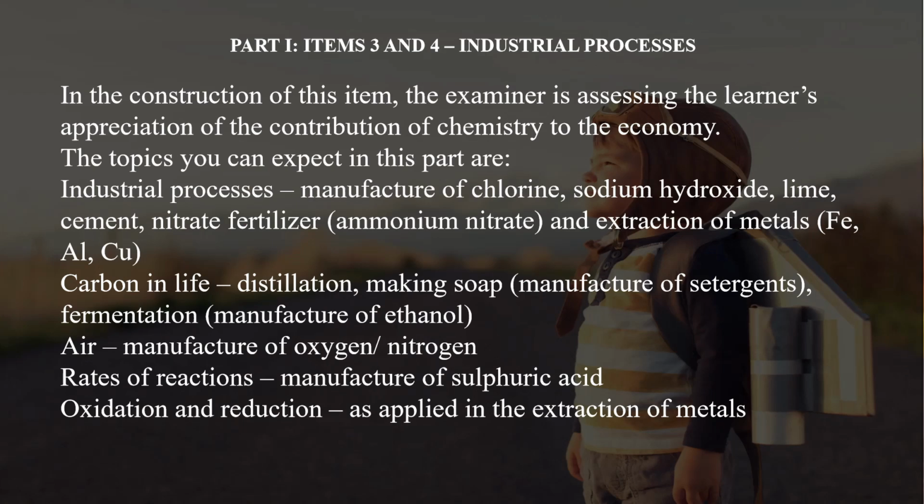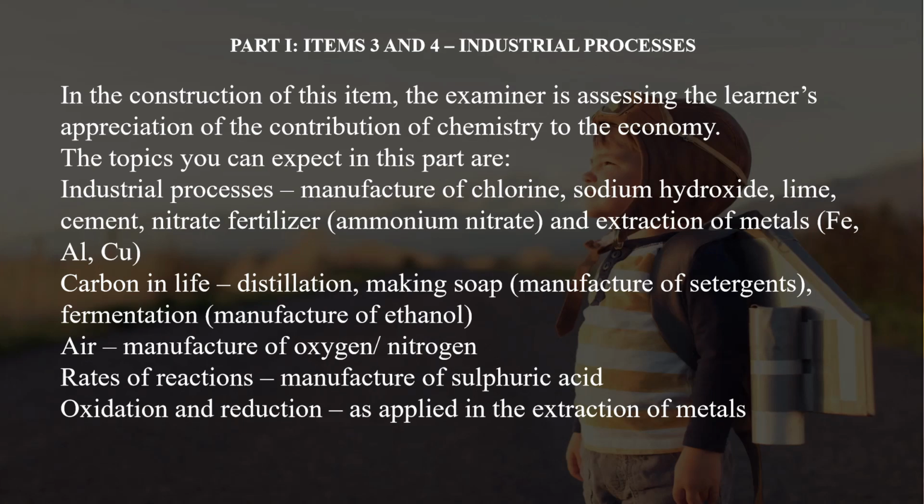So the topics that are expected in this part are going to be industrial processes, which is in book 4. Industrial processes, we have manufacture of chlorine, manufacture of sodium hydroxide, manufacture of cement, lime, manufacture of nitrate fertilizers, extraction of metals like copper, aluminium, and iron. Now, another topic that might probably be set under this section is carbon in life.